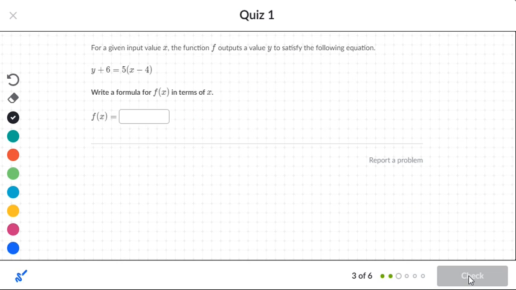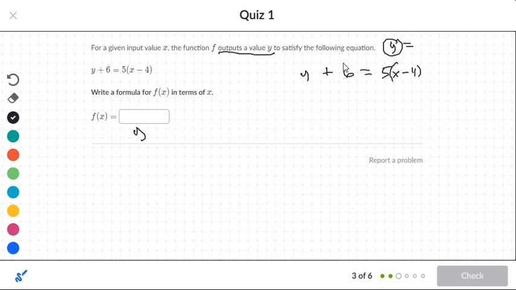Okay, it says for a given input value of x, the function f has an output of y. So right here you want to figure out what y is equal to. So we're going to circle the y's because we want this in terms of y in that box. So we're going to say y plus 6 is equal to 5 parentheses x minus 4.